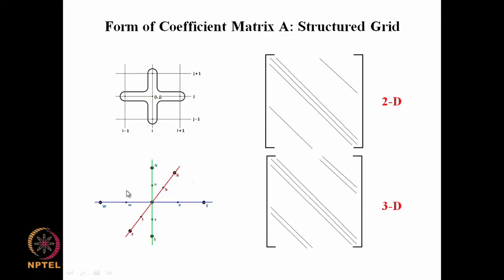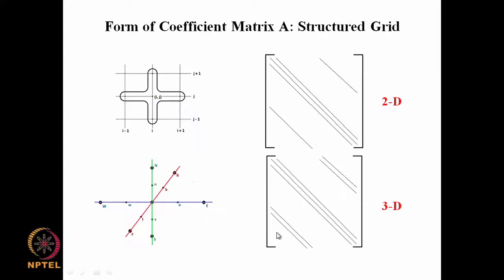Okay. So, on this control volume you can, for example, discretize the governing equation and then end up with a discretized equation which will have 7 non-zero coefficients, and these 7 lie in this form with zeros in between. I think that is not clearly marked here.